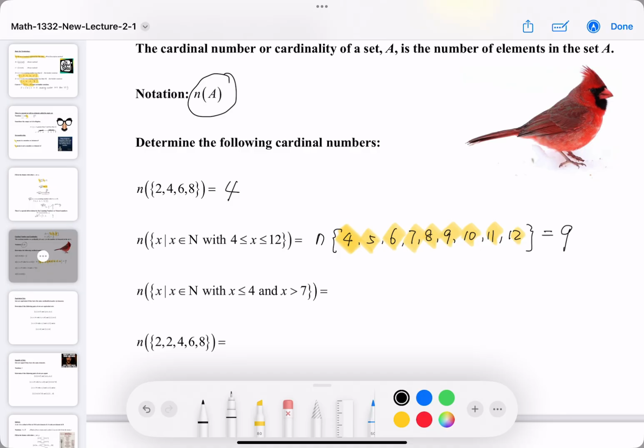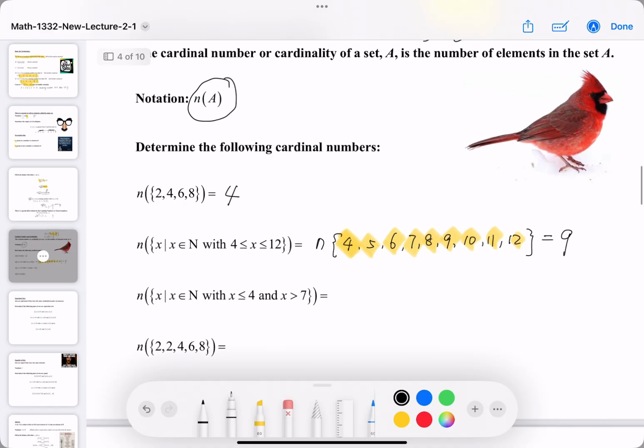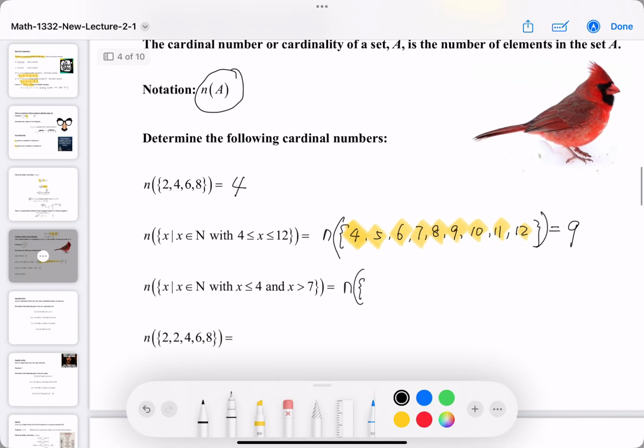If we use the same method, we can list all of the elements in the set. So n of the set of x where x is a natural number and the condition is, here we need to have parentheses. So don't forget you have parentheses here. Okay, so let's list all of the numbers. The condition is x is less than or equal to 4. If I have a number line, here is 4.